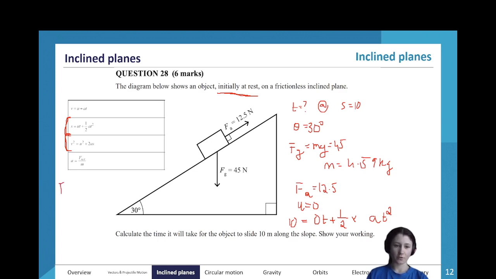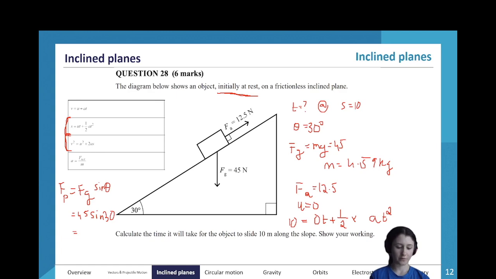So, the force parallel to the plane, alright, we actually have a formula for that. So the force parallel is actually equal to Fg sine theta. Alright, so Fg here is 45, and then theta is 30. So we can find the force parallel along the plane.